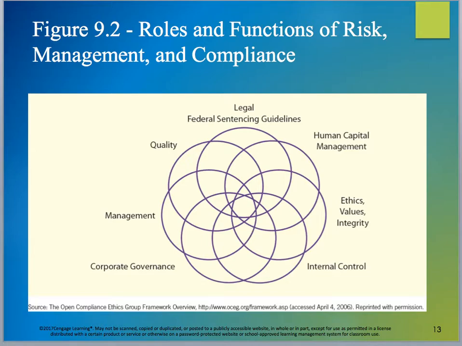Corporate governance, self-checking, but also making sure that you're complying with external government regulations. Management, the day-to-day operations and the management of your other resources. And quality, making sure that the standards of the product and service that you provide meet or exceed your standards and the expectations of your stakeholders.